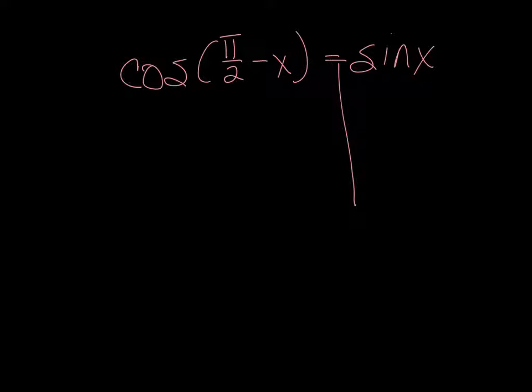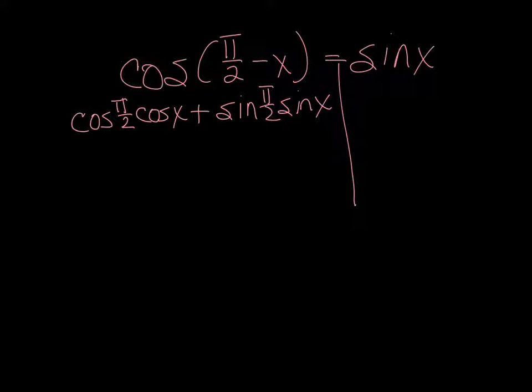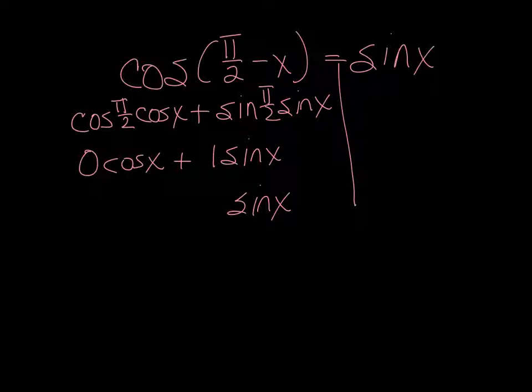So we know that we're going to have the cosine of pi over 2 times the cosine of x plus the sine of pi over 2 sine of x. The cosine of pi over 2 is 0, and the sine of pi over 2 is 1, so the sine of x equals the sine of x.